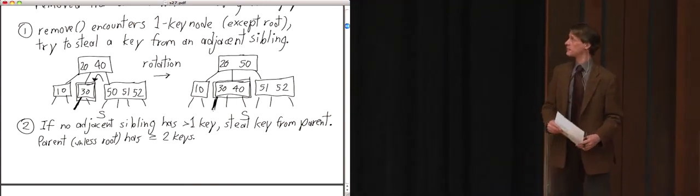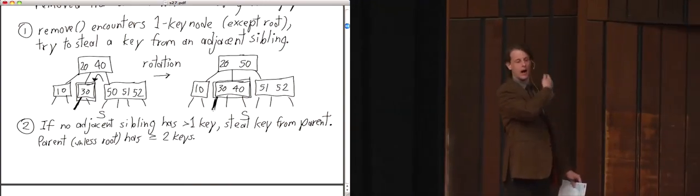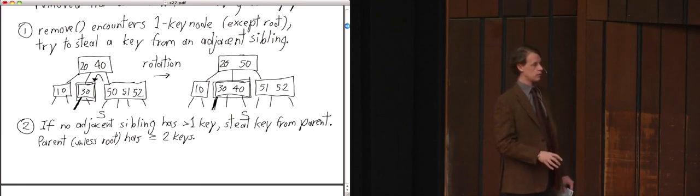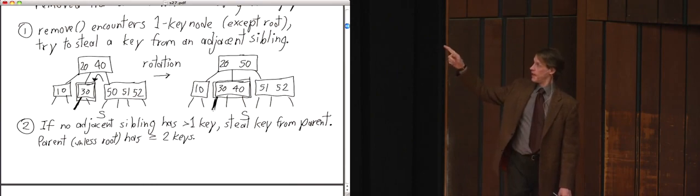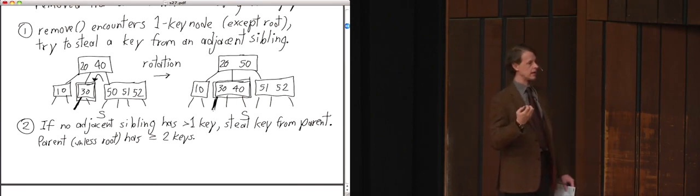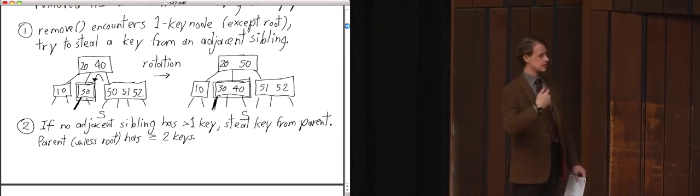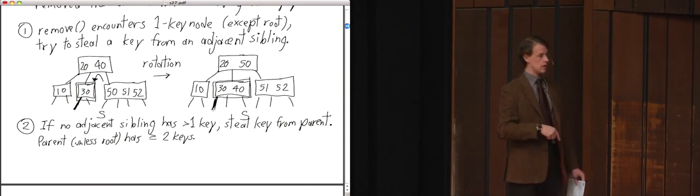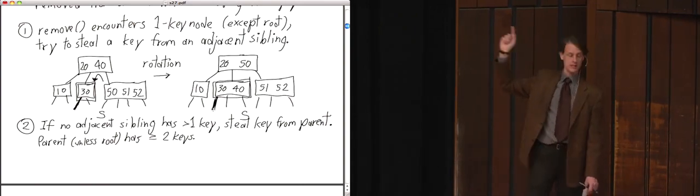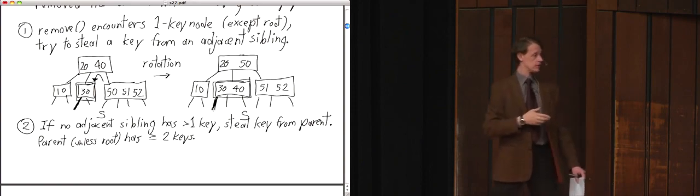Oh, I see what you mean. So when you are removing something that's not in a leaf node, then you can't remove the 30 directly. What you have to do is remove the next largest key, which is in a leaf node, and then you move that key up to replace the 30. And then I'll show you an example of that later.